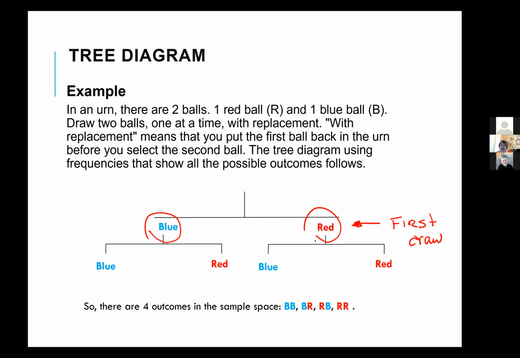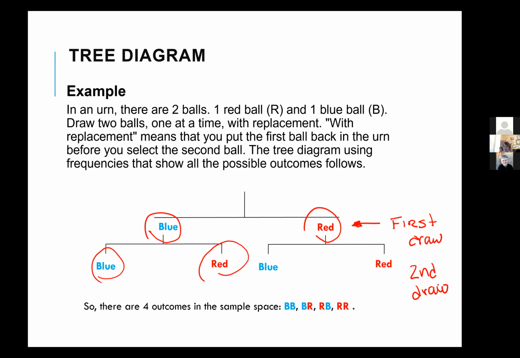So if you drew a blue out the first time, the second time you could draw a blue one or you could draw a red one. So this is the second. If you drew a red one out the first time, put it back in the urn, mixed them up, the second time, second draw, you could get a blue or you could get a red.